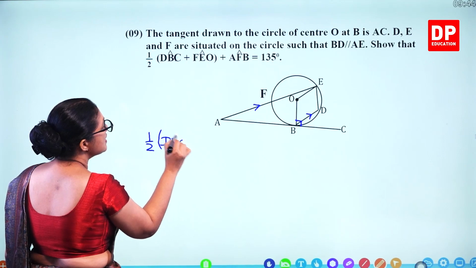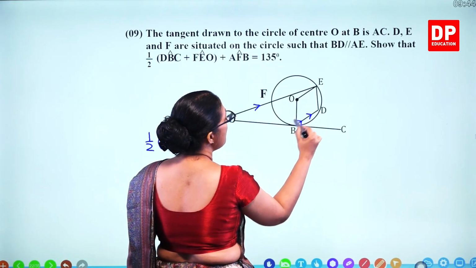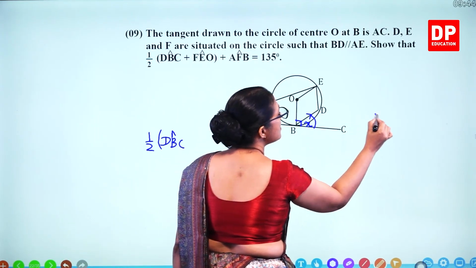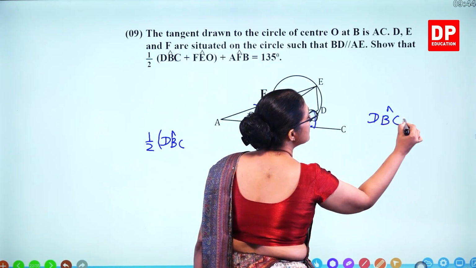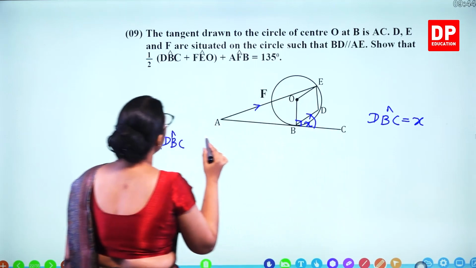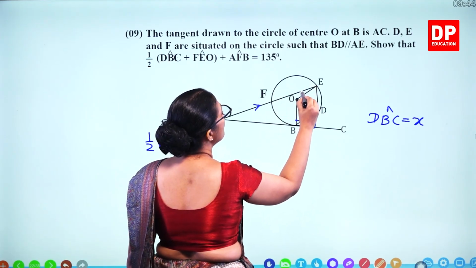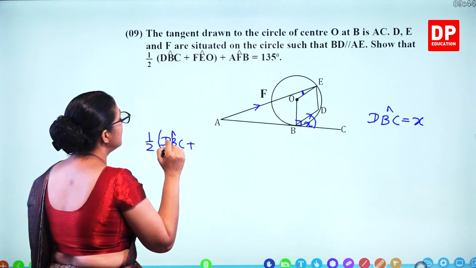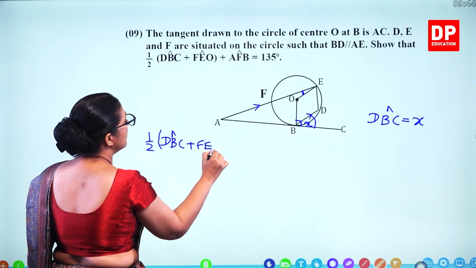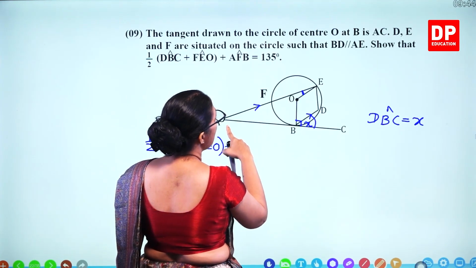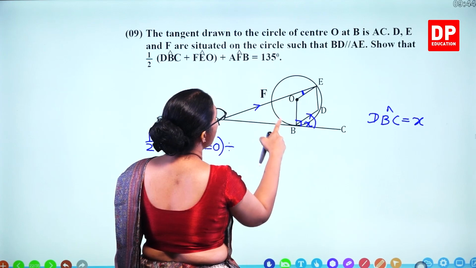So what is DBC? I'll put this one as X. DBC angle is X plus FEO, this angle, plus AFB angle.